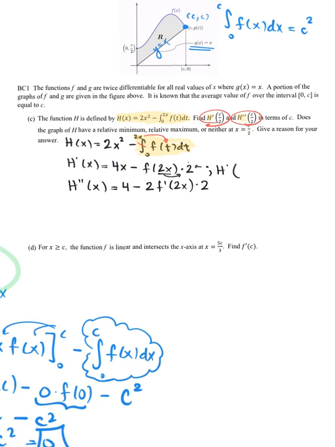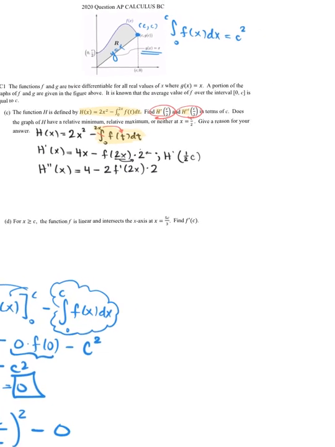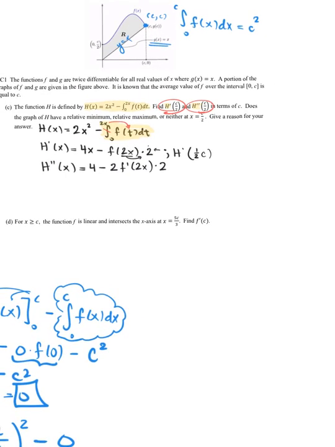So I'm going to go ahead and do that right next to them. So h prime of 1/2 c. All right, so then that will be 4 times x, so 4 times 1/2 c. And then minus 2 times f of 2 times 1/2 c. And I do have to keep going because they say in terms of c, so I'm not quite there yet.